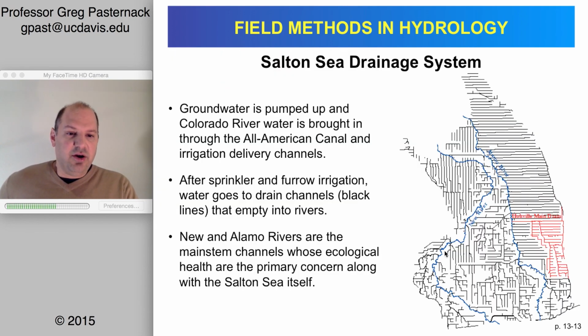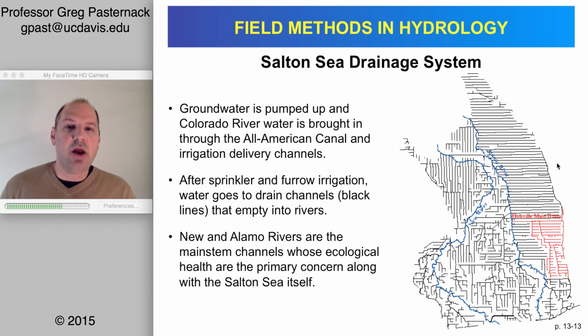On the right here is a map that shows the drain network. The Salton Sea is in the upper left, not shown. And then there are these two blue lines, which are the New River on the left and the Alamo River on the right. And they look pretty much like typical meandering, lowland rivers. Off of those is an extremely high density drain network that is composed of irrigation ditches.